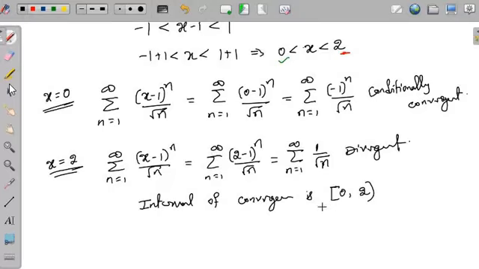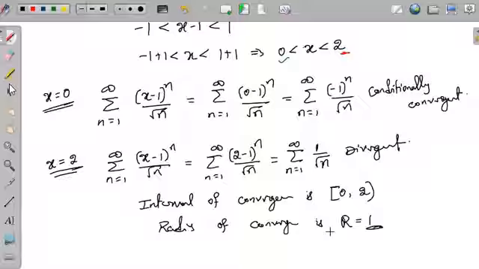And the radius of convergence is 1, which we have already concluded. R equals 1. After you get the interval, you can also find the radius: take half the length of the interval, the length divided by 2. Here the interval is 0 to 2, so 2 minus 0 divided by 2 is 1.